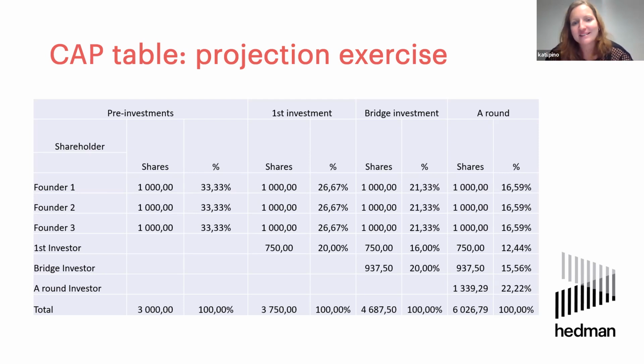So this is basically how it goes. In the beginning, 33%, but at the end of the third, the A round investment, each founder holds 17%. This is just something that I made up, so it is not based on real life, but something for you to take into account: how the cap tables change over the course of the life of a startup.